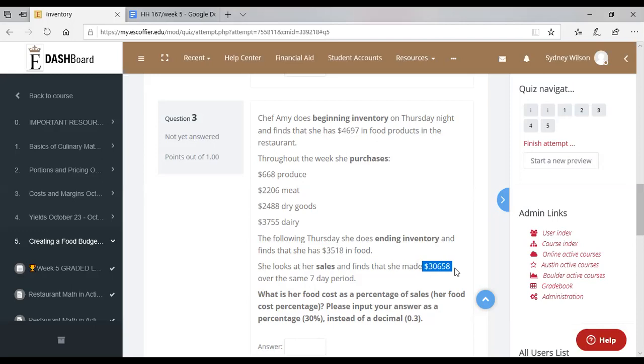Now, I realize that 30,000 is bigger than the 10,000, but that's how we're going to get our percentage. The literal answer that I get is 0.3358. They want us to put this in as a percentage, not as a decimal, so we move our decimal over 2 spaces, which would be 33.58%.